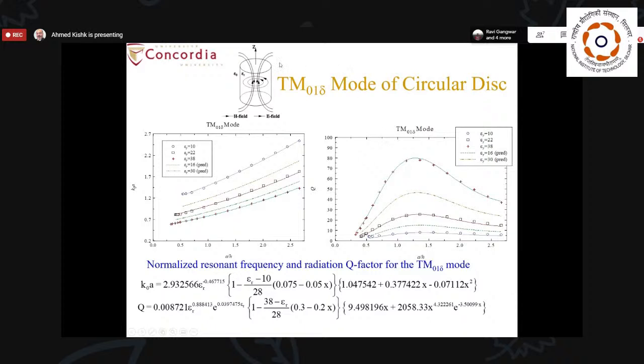This is for the mode TM01δ, and here we are saying 01δ. That means it has no phi variation, so it is constant in the phi direction, and it is the first mode in the radial direction. And here δ is given as the third index, which was supposed to be related to the height.